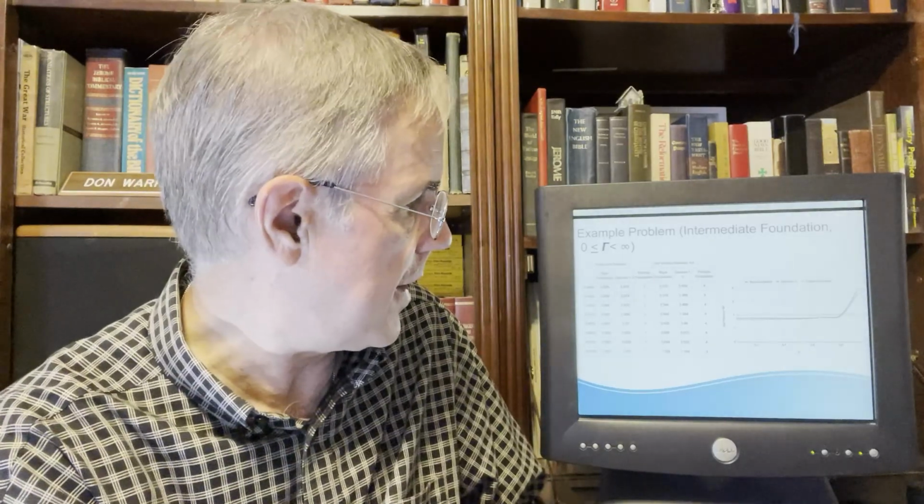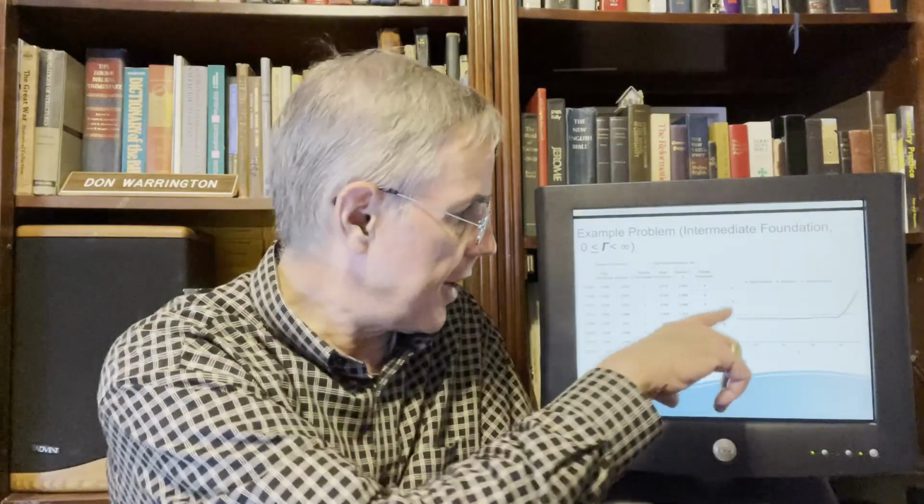The stresses are actually a little lower in the middle and higher on the outside. In other words, the rigidity of the foundation makes for a slightly lower stress in the middle and a higher stress at the end. I think I already said that, but it doesn't hurt to repeat it. So they do redistribute the stress, and that redistribution is significant.